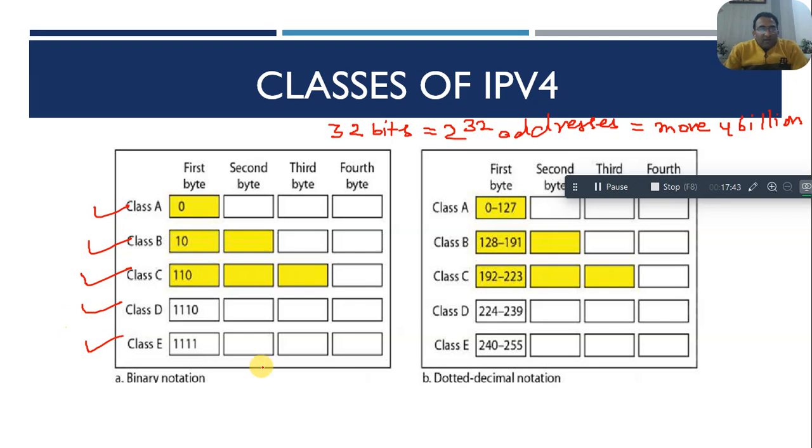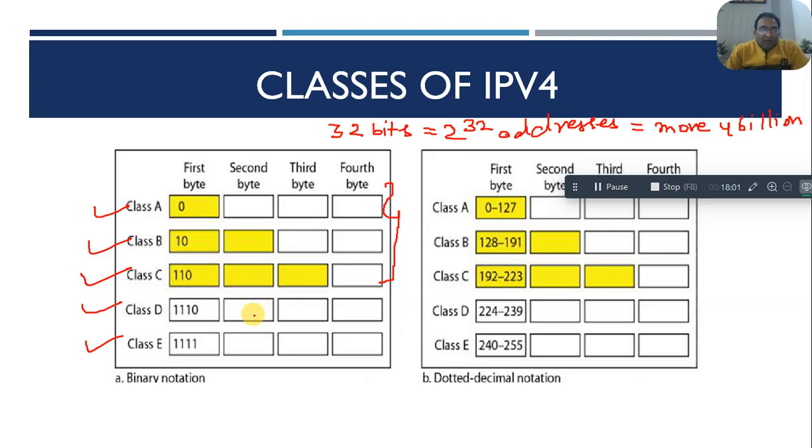Before that you should know that only these 3, class A, class B and class C, are available to users for assigning IP addresses to their devices. The next 2, D and E, we cannot use.